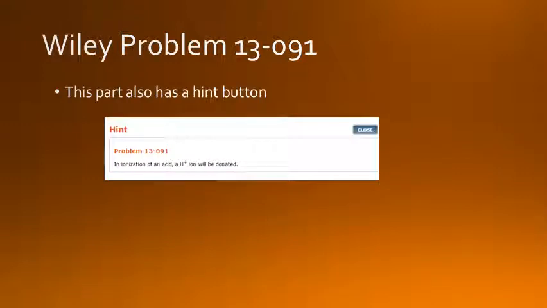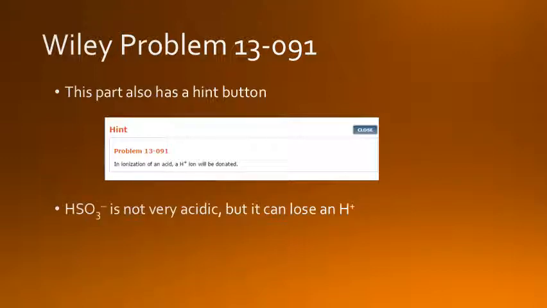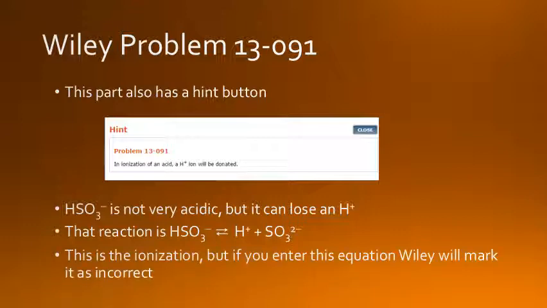In the ionization of an acid, H plus ion will be donated. So hydrogen sulfite is not very acidic, but it can give up an H plus. That reaction is HSO3- in equilibrium with H plus and SO3 2-. Pretty straightforward. The acid breaking up into its ions.